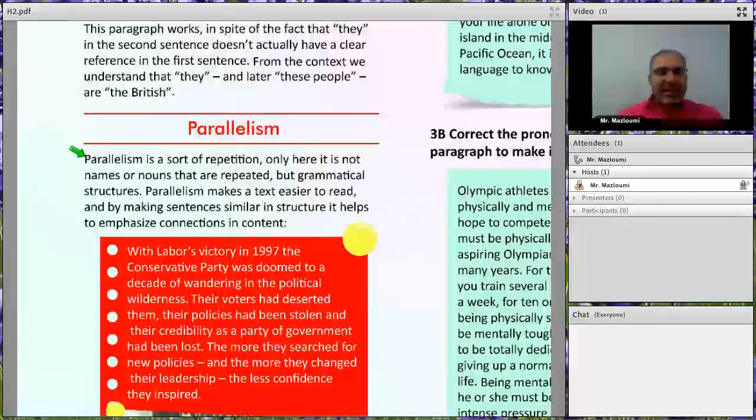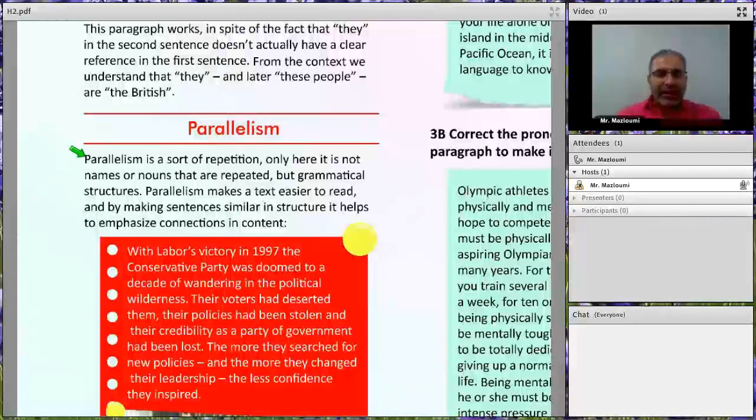Parallelism makes the text easier to read, and by making sentences similar in structure, it helps to emphasize connections in content. So, parallelism is a type of repetition.